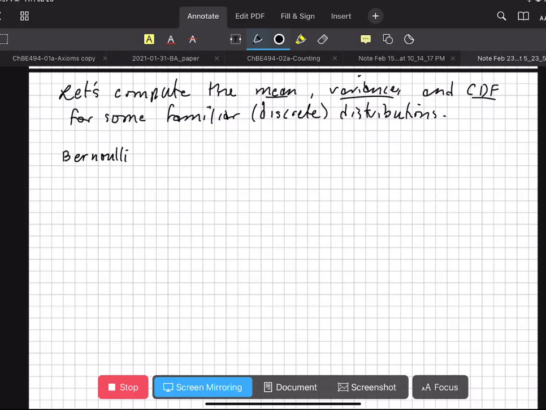Okay, so the Bernoulli trial is a situation where we're going to have a very specific distribution for a random variable x, and that random variable takes values of 1 if our trial is successful, and 0 otherwise, like this.